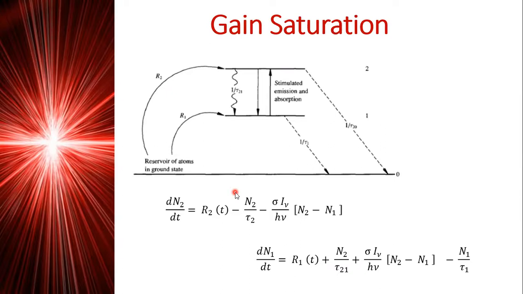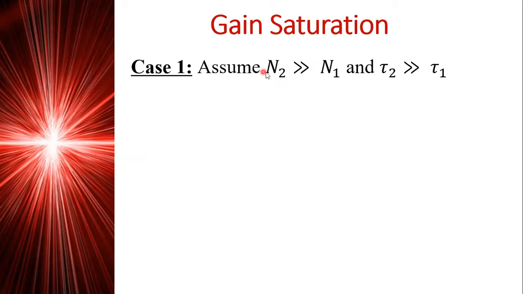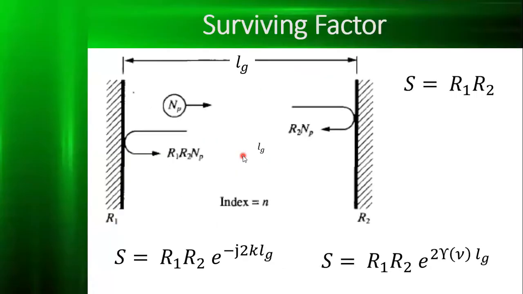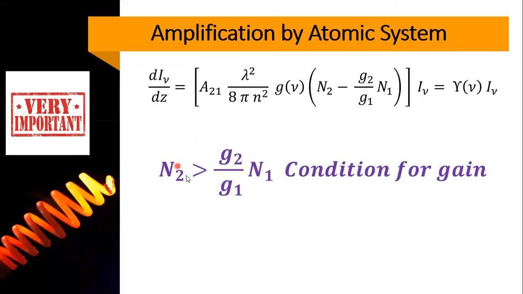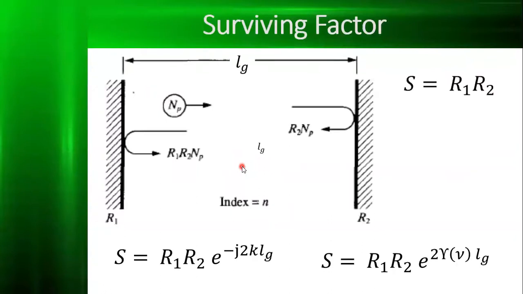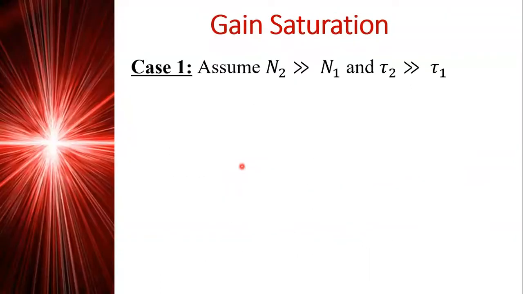But let's start with the simplest assumption. Here, we will assume that N2 is much greater than N1, which is a very logical assumption, because this agrees with the gain condition we demonstrated in the beginning of the lecture, and which we already demonstrated in chapter 3 in the atomic radiation lecture. One of the conditions for gain, or to have a positive γ, is that N2 is greater than N1. So it makes sense to say that N2 is much greater than N1. This is the first assumption.